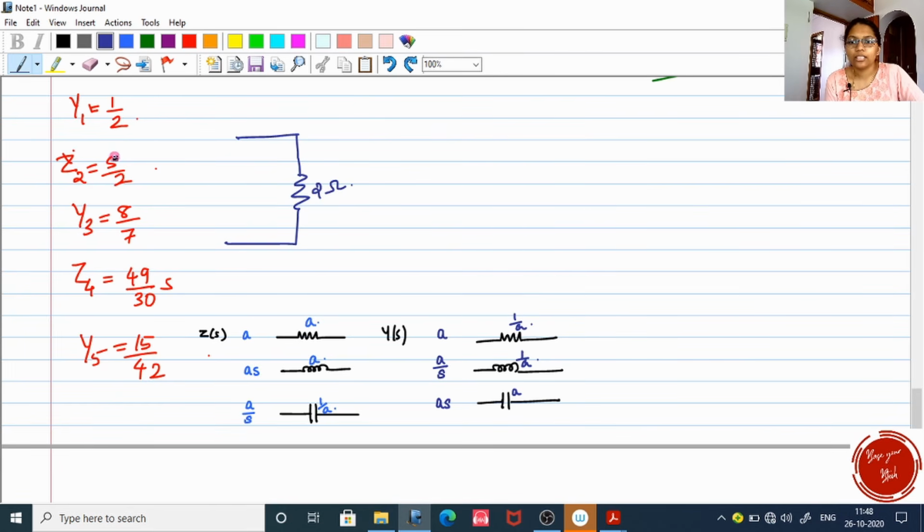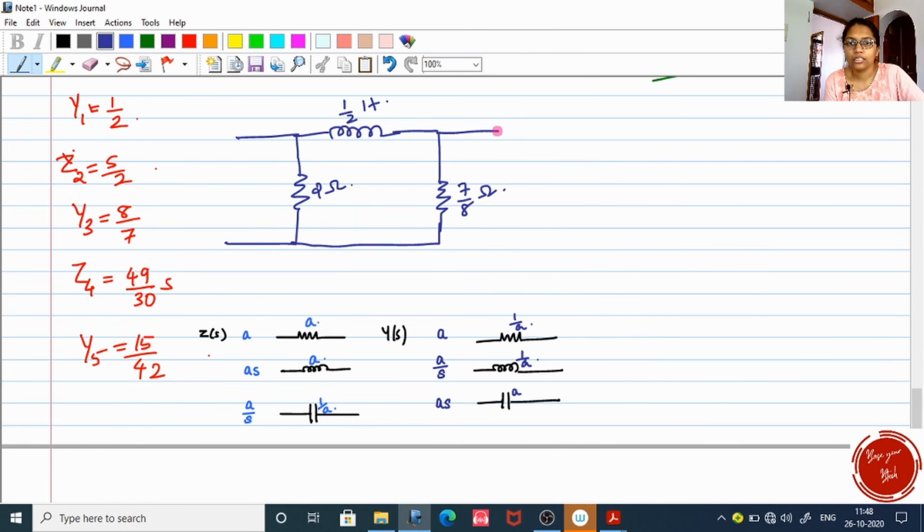So next is s by 2 and an impedance function. So we have to make a series connection. Since it is in the form As, we have to draw an inductor there with value half Henry. Next is admittance. A simple number is there, so it is a resistor with 7 by 8 ohms.